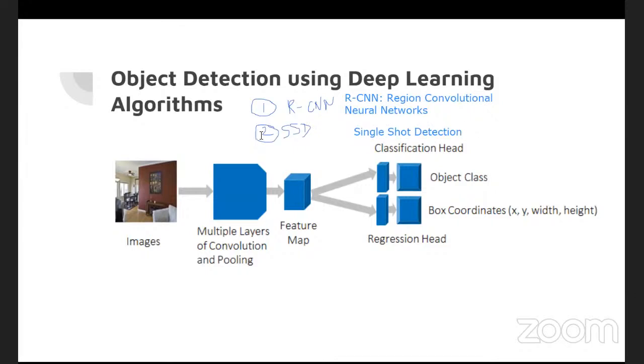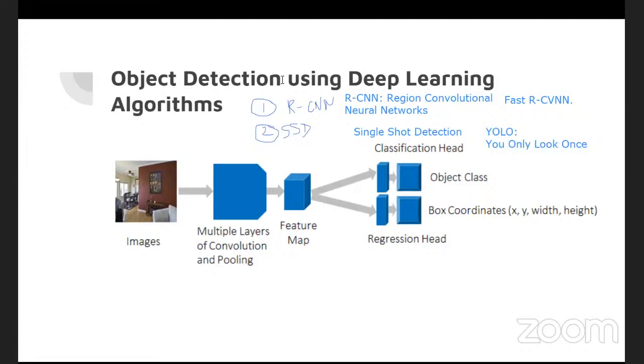I will tell you why these are known as single shot detection. The first group contains algorithms such as Fast RCNN, and the second contains algorithms such as YOLO, which stands for You Only Look Once.